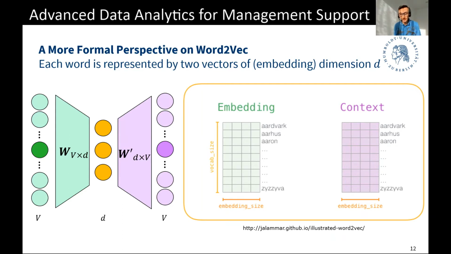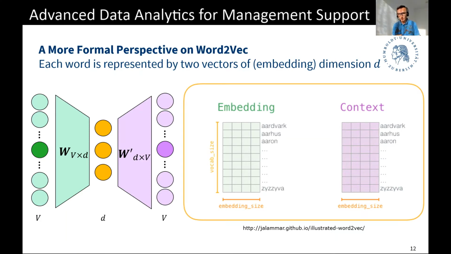And you also see here on this picture, which I took from the blog of J. Alammar, the structure of these matrices, and we can think of one as the actual embedding matrix that we use to pull out the embedding of the word whenever we need it, and the other matrix here is denoted as the context matrix.